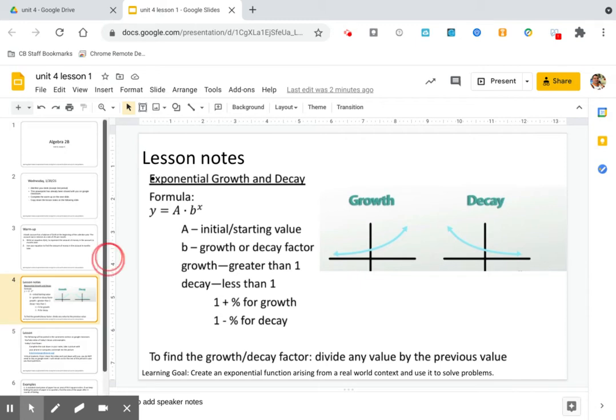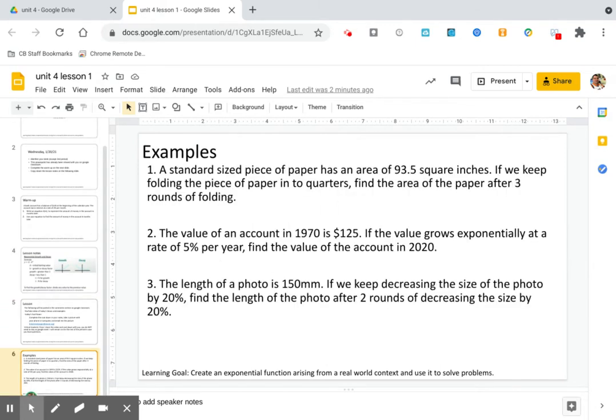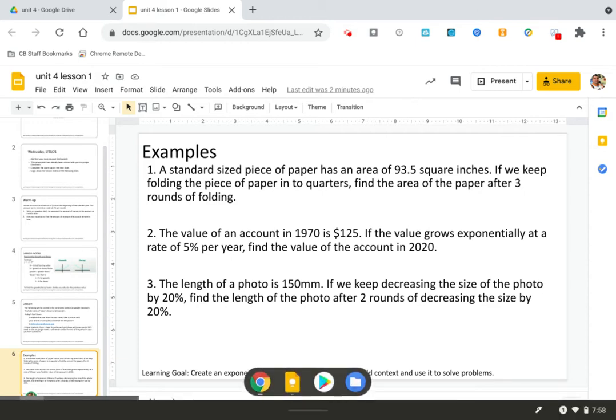So with that in mind, let's take a look at the examples. Okay. So a standard-sized piece of paper has an area of 93.5 square inches. If we keep folding the piece of paper into quarters, find the area of the paper after 3 rounds of folding.